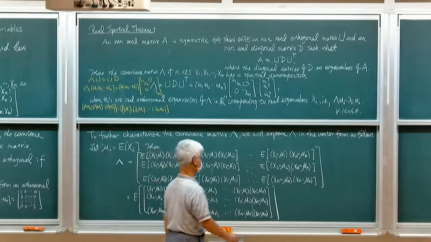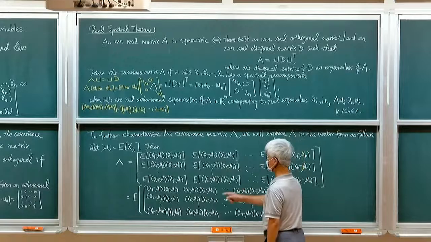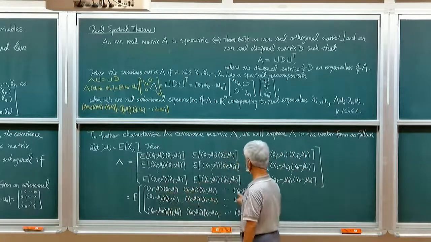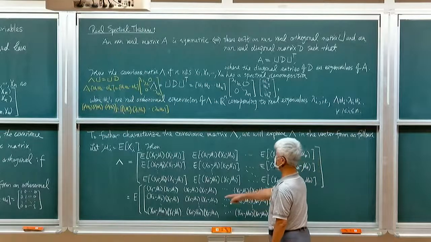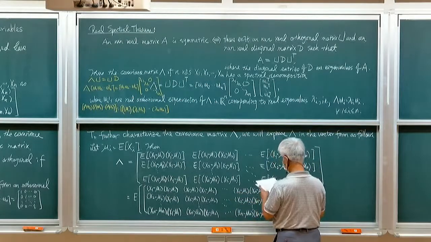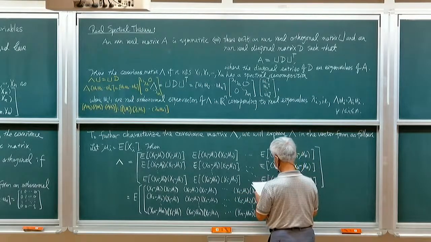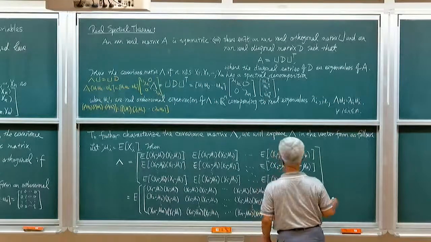And as we can see, the random matrix is formed in a particular way.